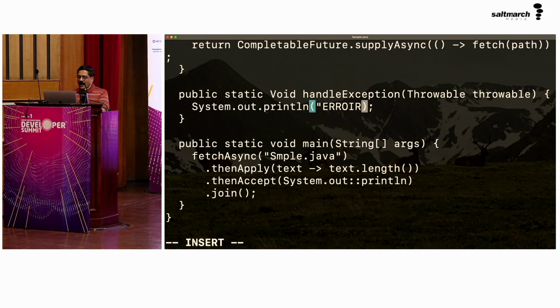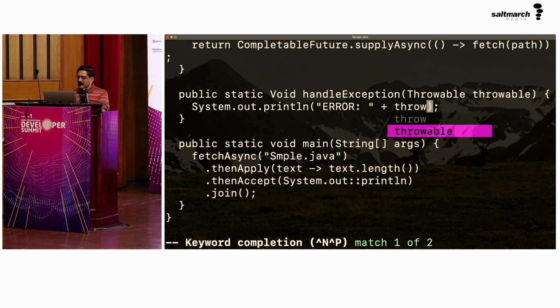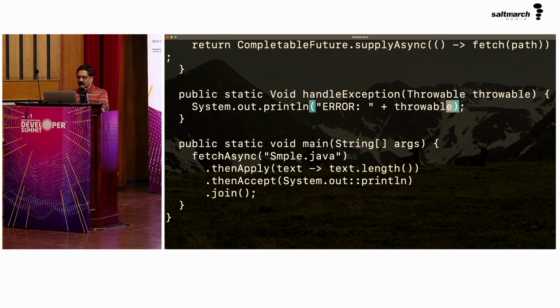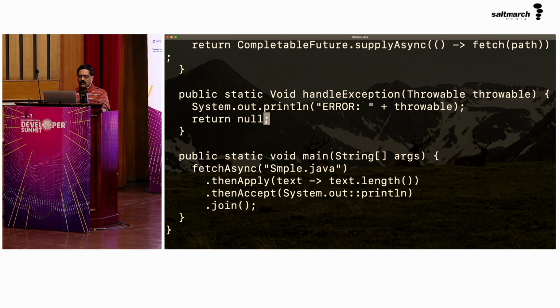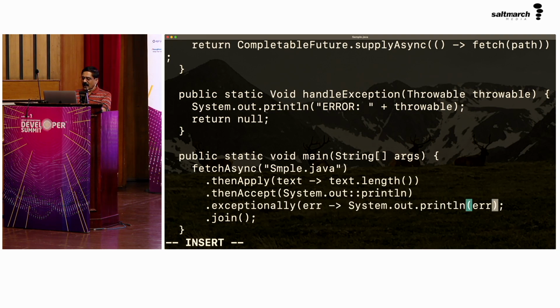I'm going to type ERROR in uppercase, plus throwable. I'm going to print it right there and return null. I don't have anything to return right now. Notice this is an uppercase Void, not lowercase void. So I come down here and say dot exceptionally.